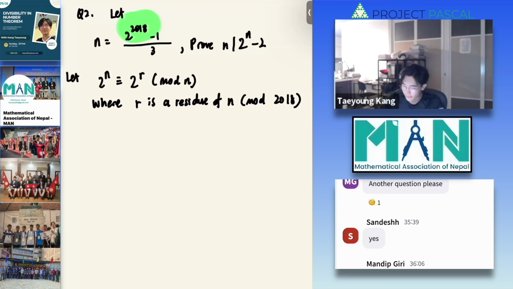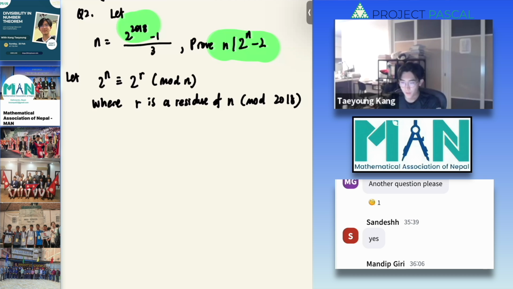Because we want to show that 2 to the power of n minus 2 is congruent to 0 mod n. And I think someone mentioned that we want to split the primes up as 1009 and 2. That's a very good observation, because you cannot do Fermat's little theorem on composite numbers. You must only do it on primes.